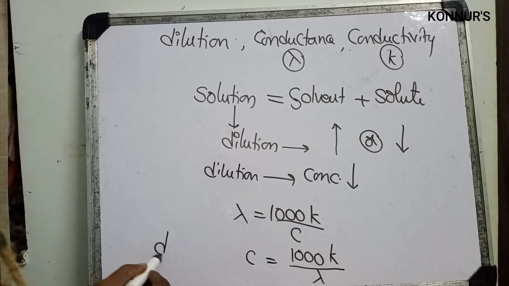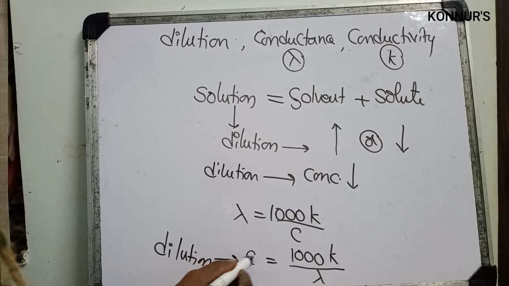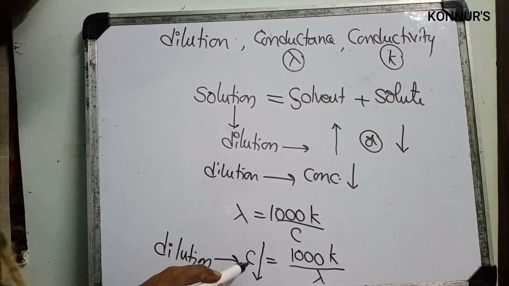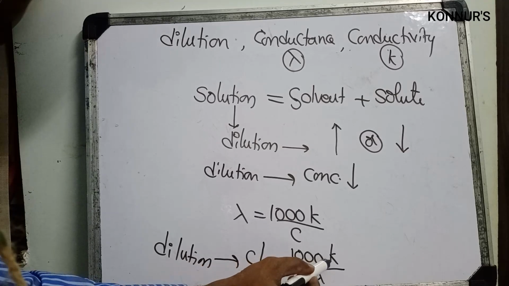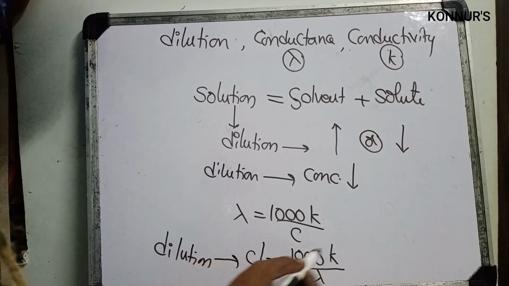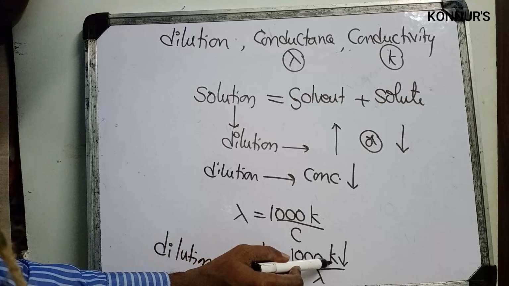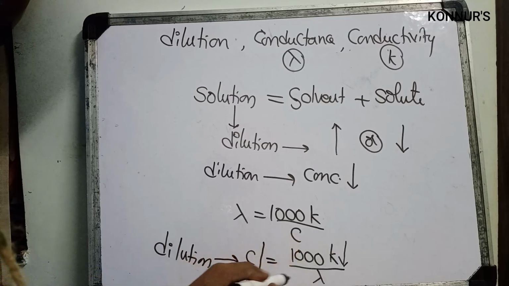Dilution means concentration decreases. So what about K? Concentration is directly proportional to K, so when concentration decreases, the K value decreases. So specific conductance or conductivity decreases.